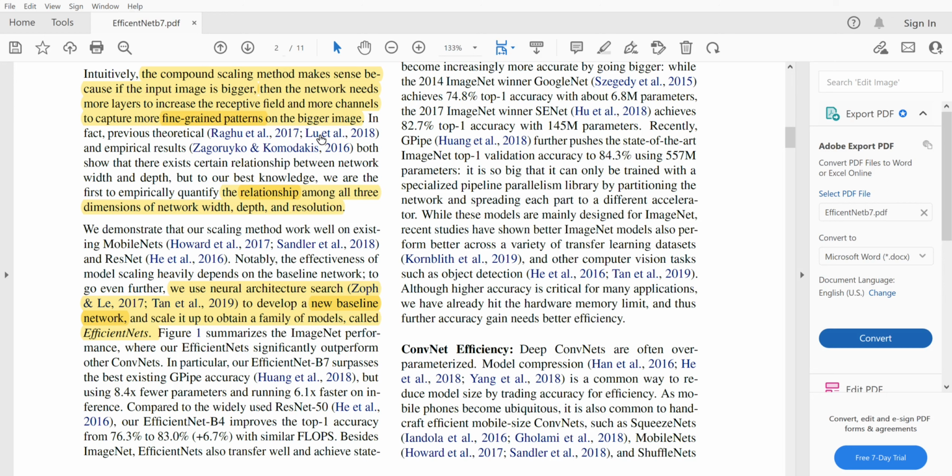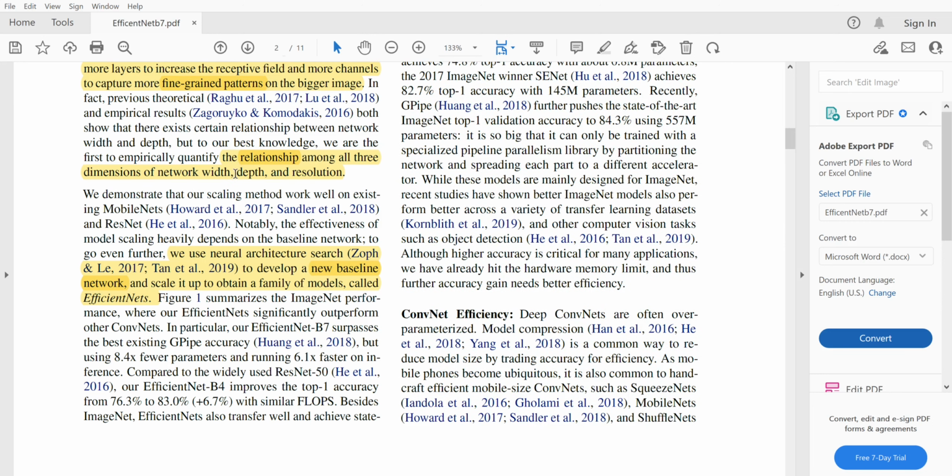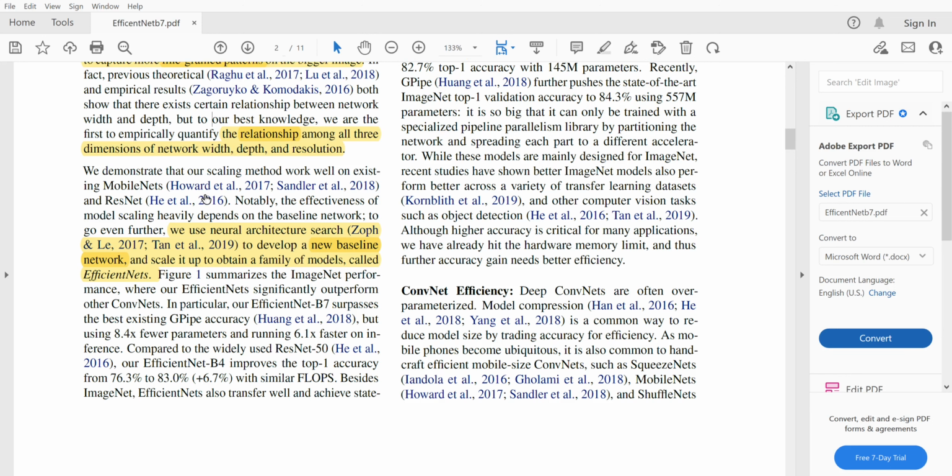They also mention that in 2017, two authors showed there exists a relationship between network width and depth, but until then there was no person or institution that had found something which connects all three: network width, depth, and resolution.